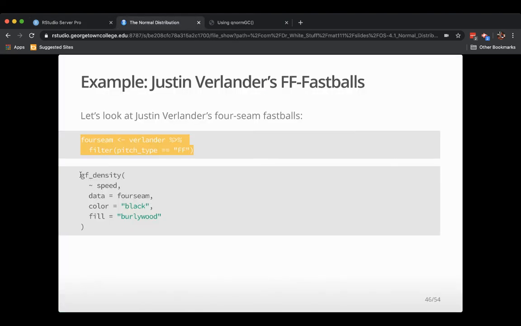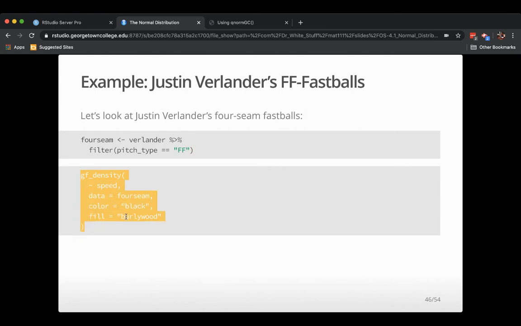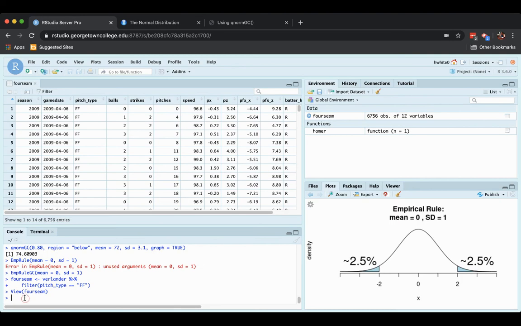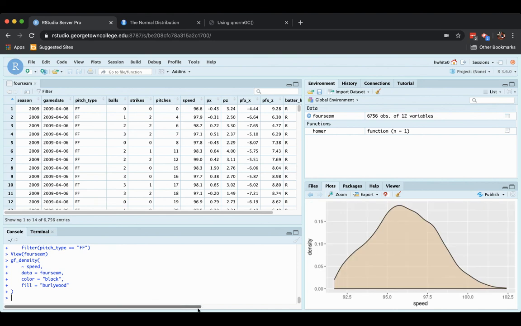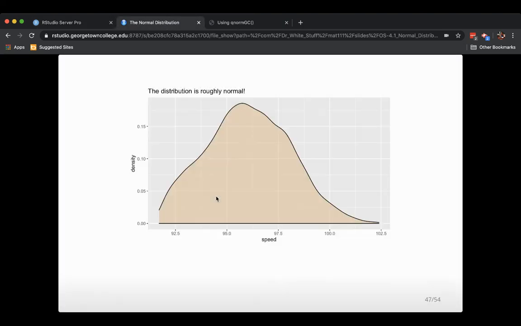Now let's make a density plot of the speeds of those pitches. And there it is. It's a roughly bell-shaped density plot. So we could model Justin Verlander's four-seam fastball's pitch speeds with a normal curve.